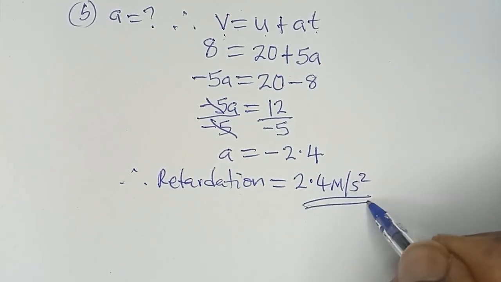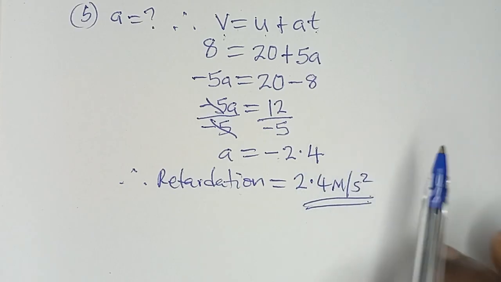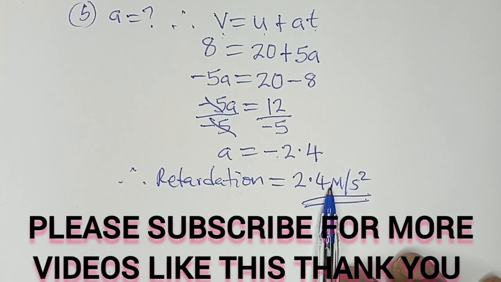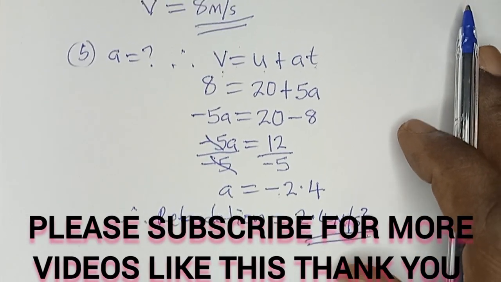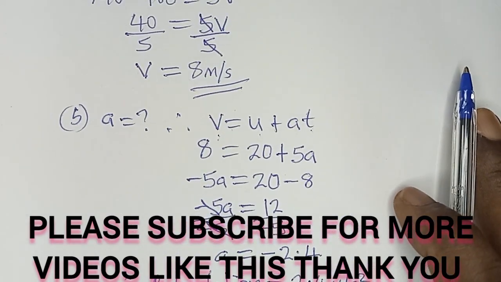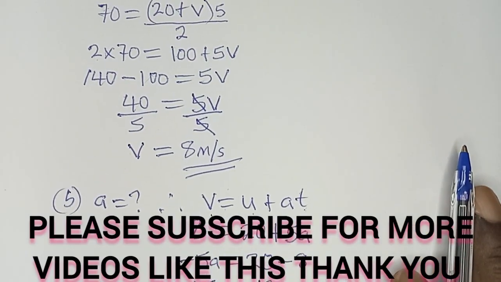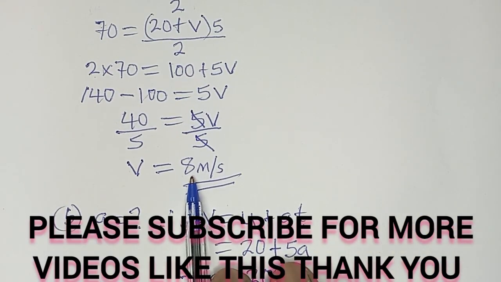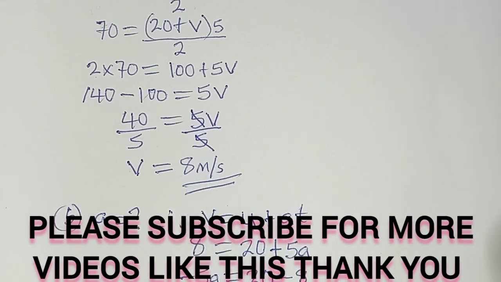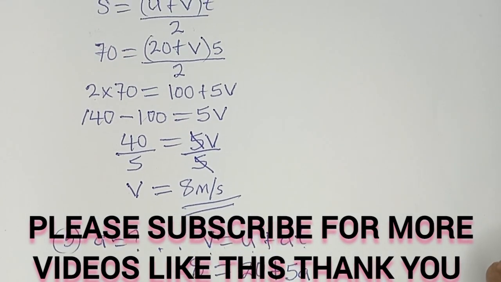In conclusion, we don't need to write the negative sign. And so this is the final answer. So the retardation is 2.4 meter per second square. And from what we obtained in the first part of the question, the velocity is 8 meter per second. That's the final velocity attained. And these are the solution to the question.